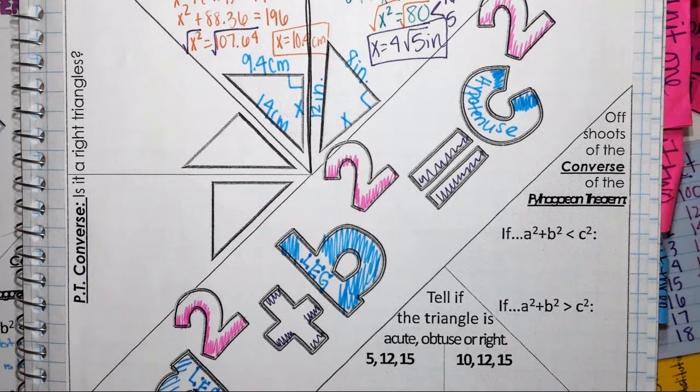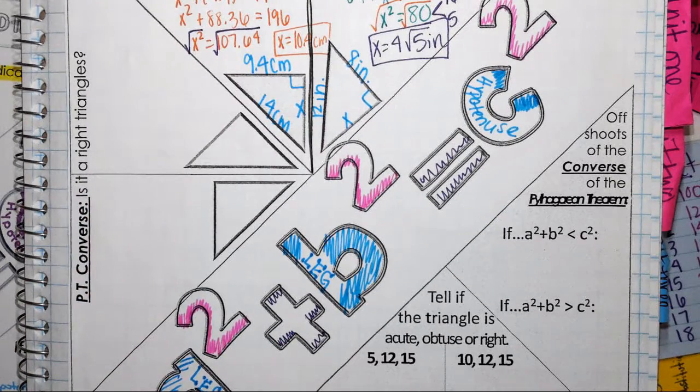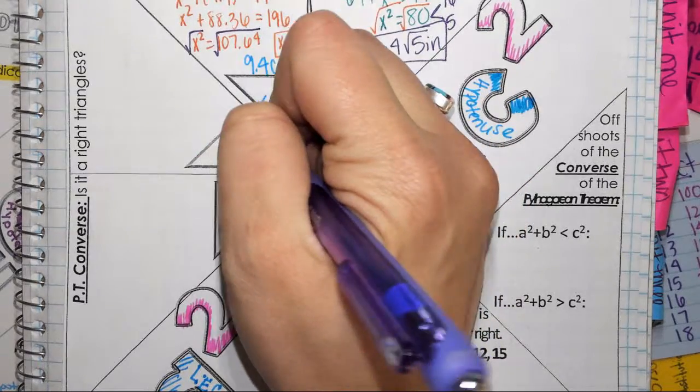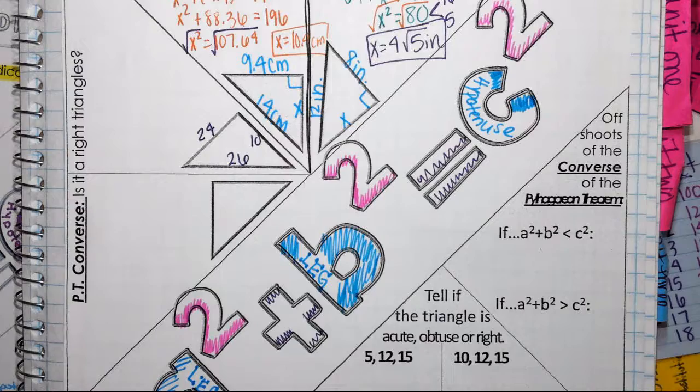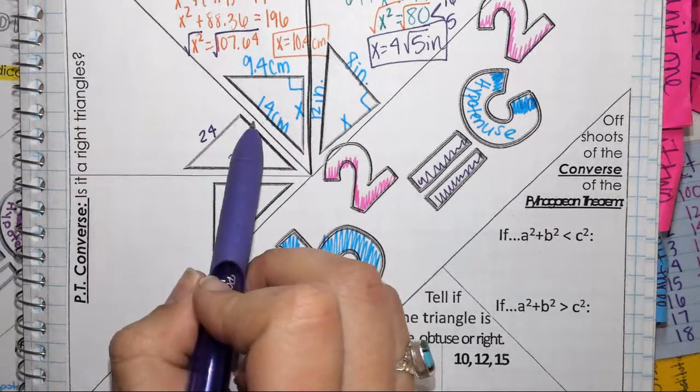Alright, the converse is, you can also prove that it's a right triangle by using the Pythagorean theorem. So if I give you side lengths of 10, 24, and 26, you have to use this to prove it's a right triangle.